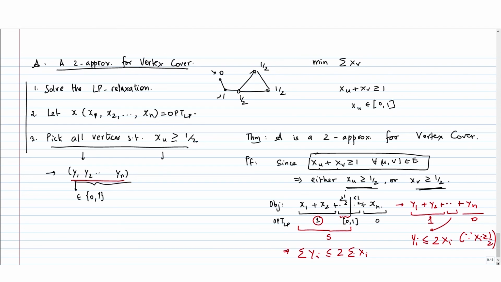For those for which the LP gave value at least half, we at most double to get a value 1. For everything else, we just set a value 0. Okay. So, there we get a 2 approximation. So, this is at most 2 times opt LP, which is at most 2 times the optimal solution. So, we use the linear program to get a fractional solution to the integer program.